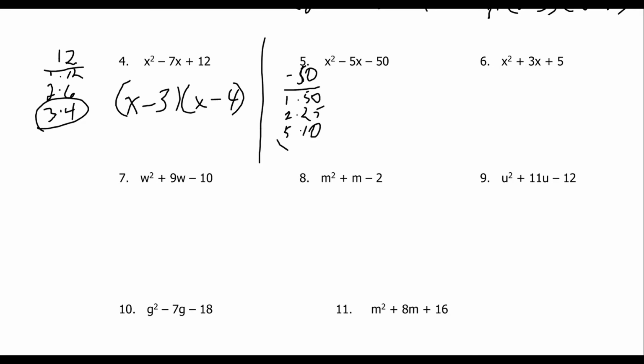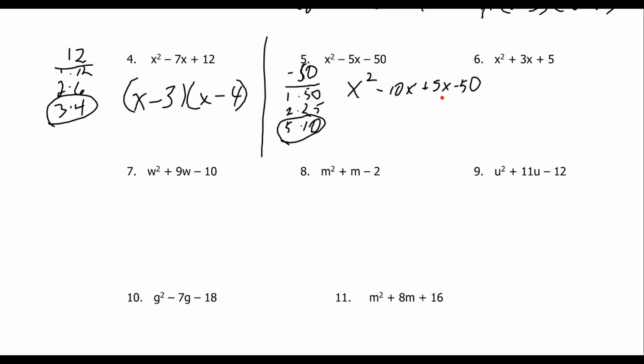Oh, there we go. That'll work. So that's going to be x squared minus 10x plus 5x minus 50.